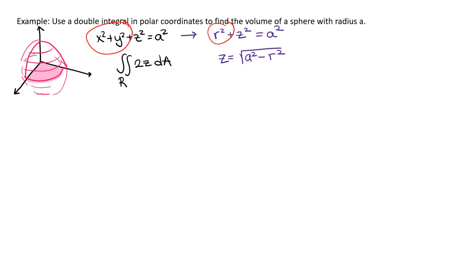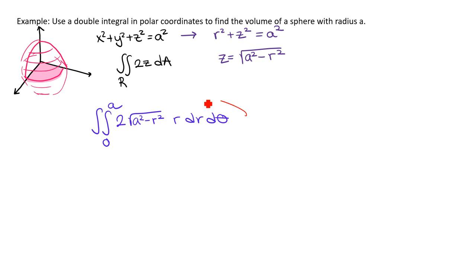So that means the top half of that sphere can be written as z equals the square root of a squared minus r squared. So that's the top half of my sphere. And so that's what I'm going to be integrating. So I'm going to integrate 2 times that equation, and that'll take into account the top and the bottom of the sphere.